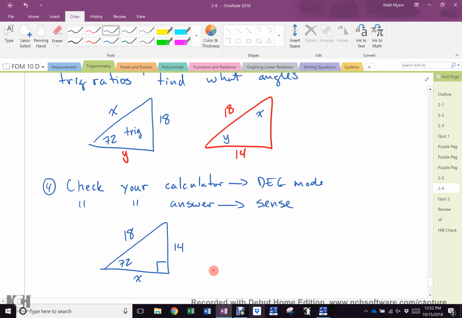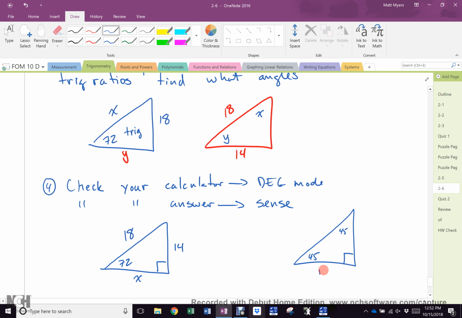What about this one? If that is 45, what's that? 90 minus 45, which is 45. Okay. If those two angles are the same, what does that make this side and this side? The same.